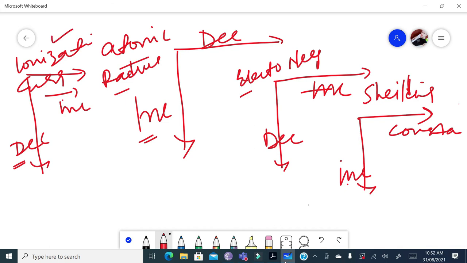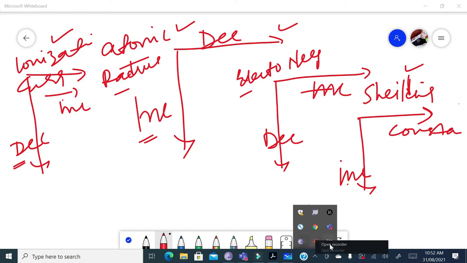So 1, 2, 3 and 4 properties are there. Any question related to that? Do you have any question related to that? No, sir.